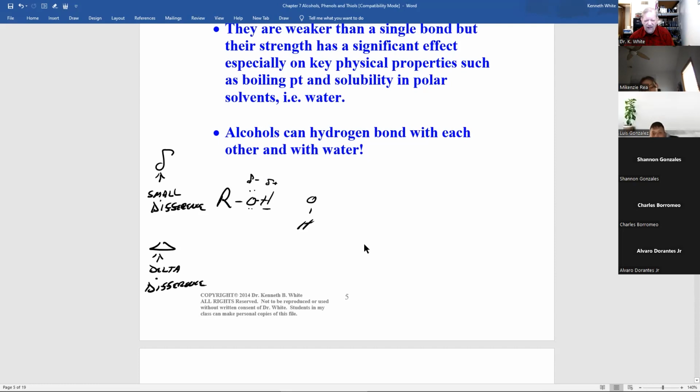And if I had another alcohol, which I'll draw like this, same thing. And opposites attract. This is called Coulombic attraction. And this slight attraction here, that's a hydrogen bond.